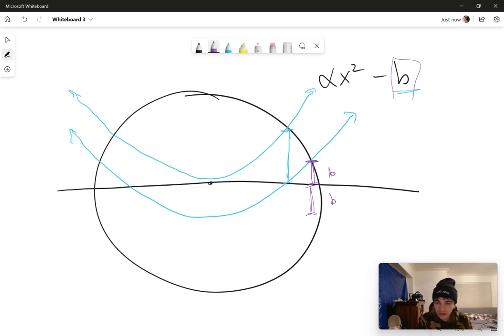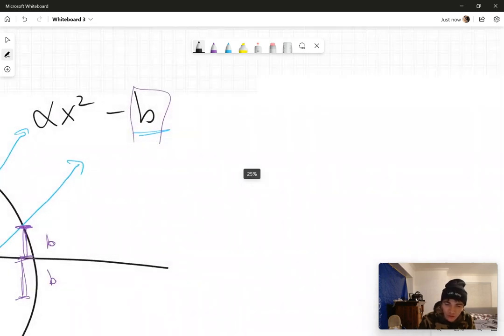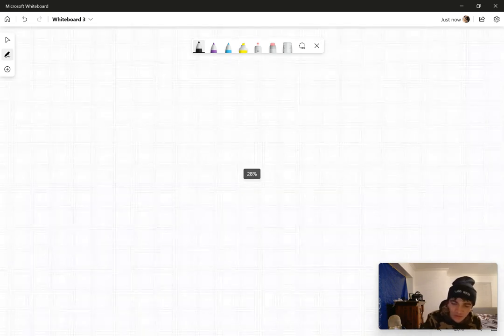Okay, and so mathematically, what I need to figure out is, if I have the equation x squared plus y squared equals 1 for the circle, and then y equals alpha x squared minus b, I'm going to solve for the points of intersection first. And so I'm going to set x squared equal to 1 minus y squared. So I have y equals alpha times 1 minus y squared minus b.